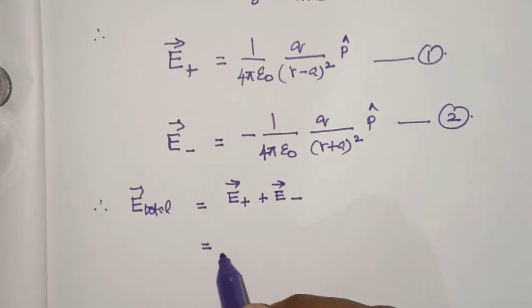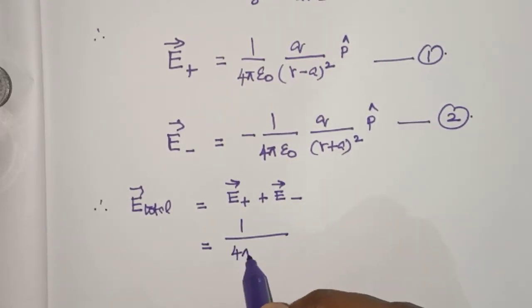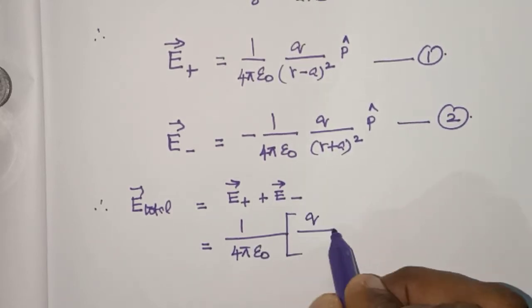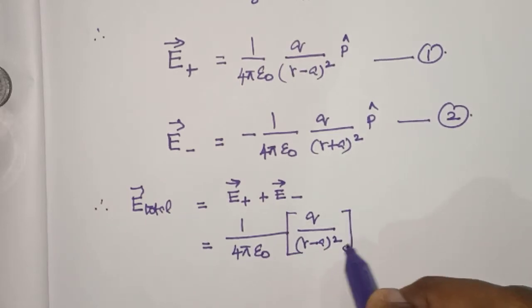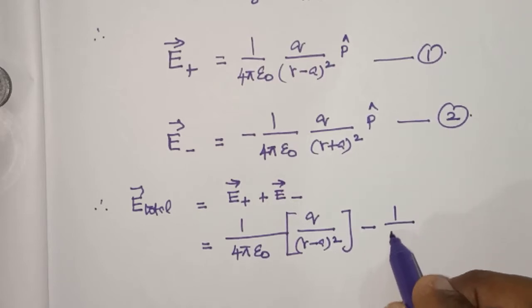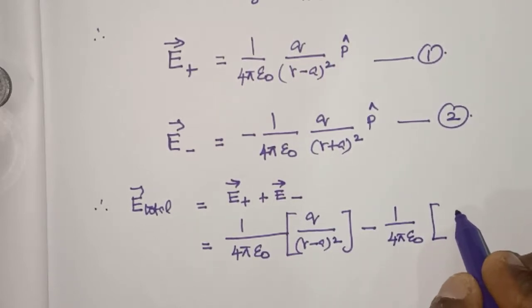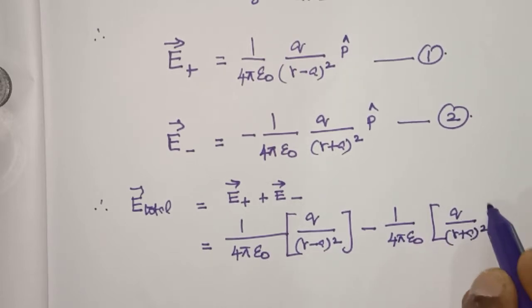Substituting the values: 1 by 4 pi epsilon naught, Q divided by R minus A whole square, minus 1 by 4 pi epsilon naught, Q by R plus A whole square.